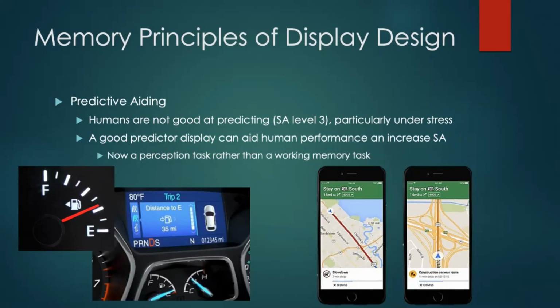Humans aren't really good at predicting what's going to happen, both in near term and far term, especially under stress. Right? Stress tends to narrow our window to the world. And so a good predictor display can aid human performance through increasing situation awareness.